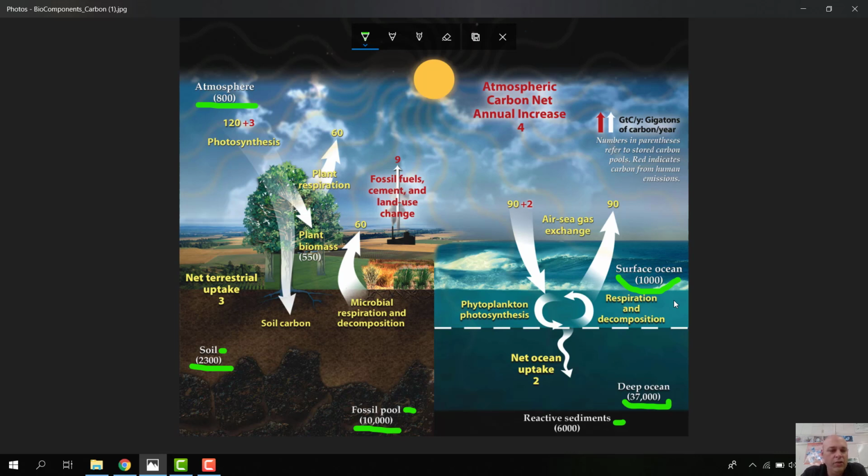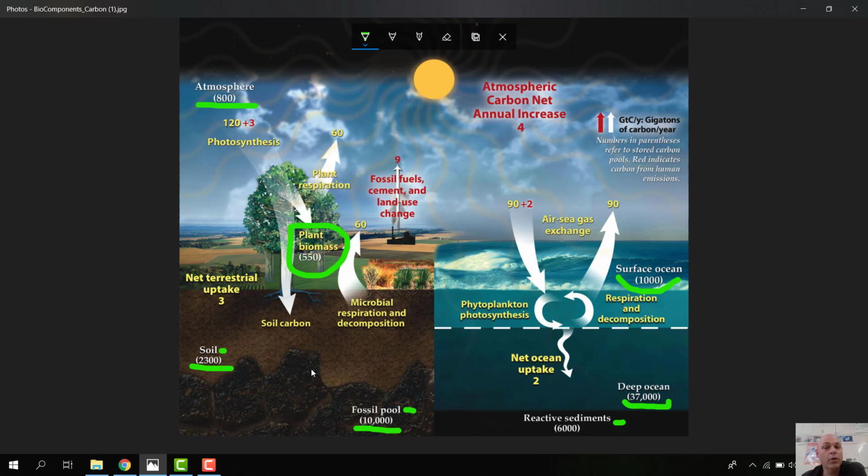The only other one that we're missing looks like plant biomass. Okay, so I just highlighted all of the reservoirs. These are the storage areas of carbon in the Earth systems. So the carbon primarily is locked up in those places.